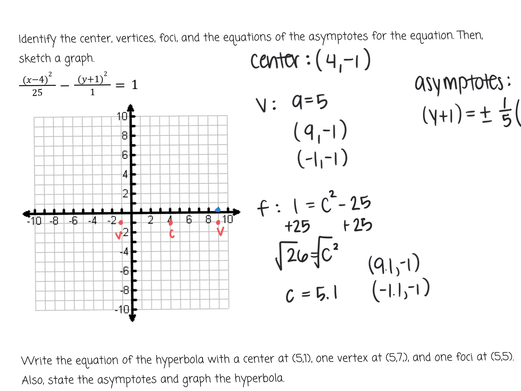and then down 1, left 5. So that's one asymptote. Then we'll go up 1, left 5, and down 1, right 5 to get our other asymptote.